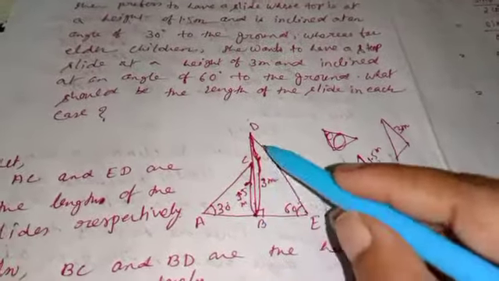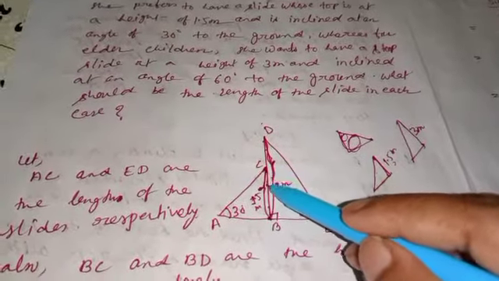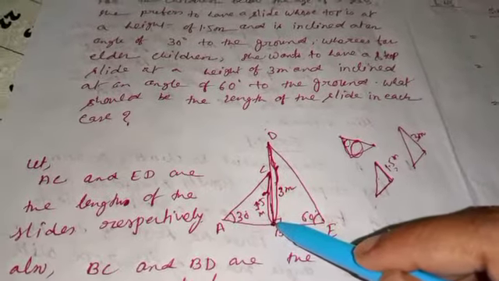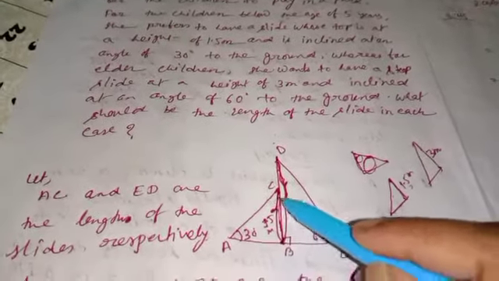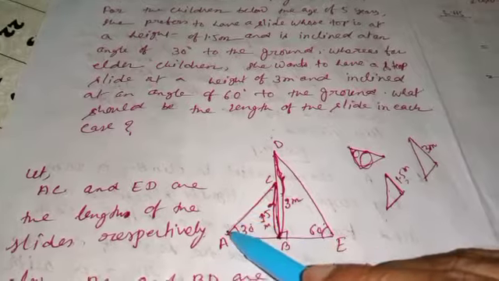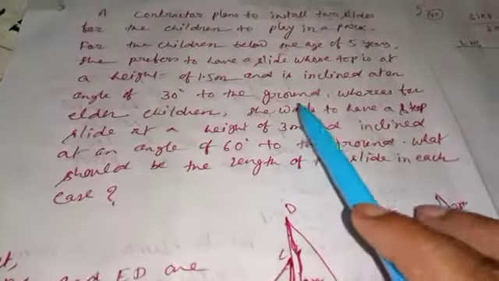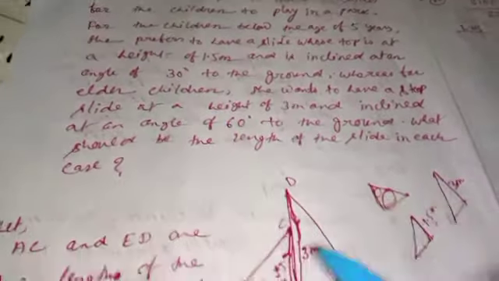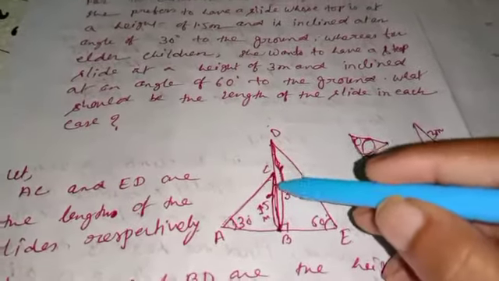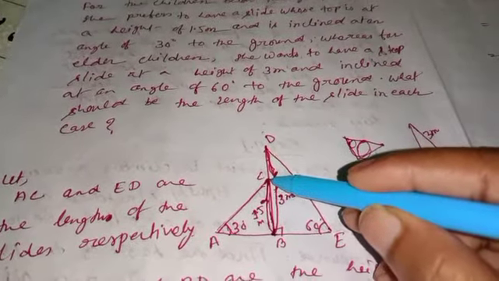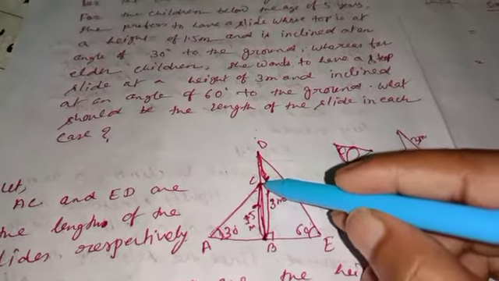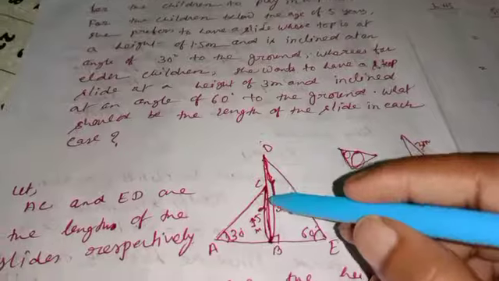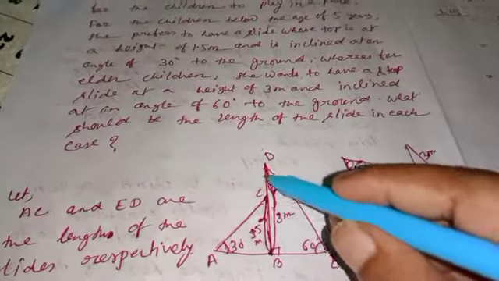See how this BC, height of the slide for the children below the age of 5 years, this means 1.5, and this AC will be the length of the slide. And according to the question, it is given that the inclined angle is 30 degree to the ground. So this angle is 30 degree. And if you extend this line again, I want to say that this is 1.5, again 1.5 extend, then it will be 3 meter or not.